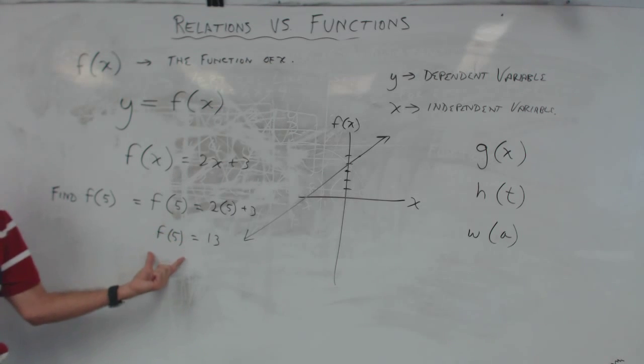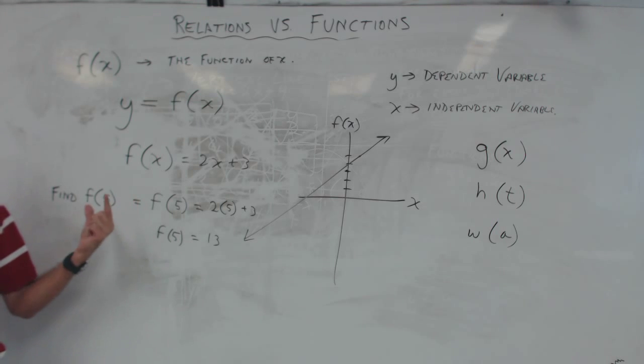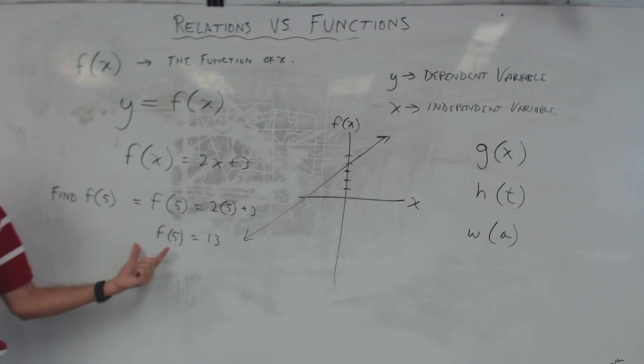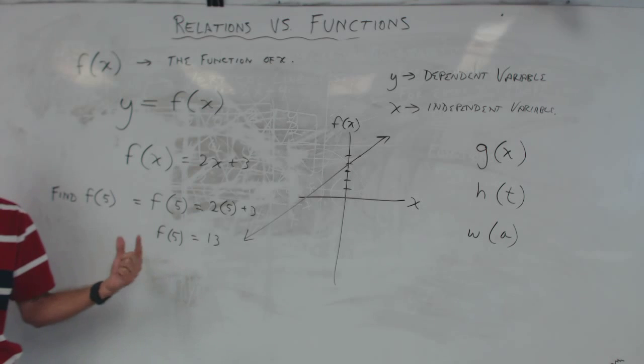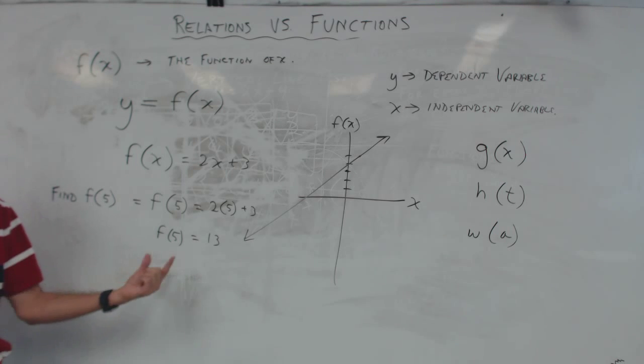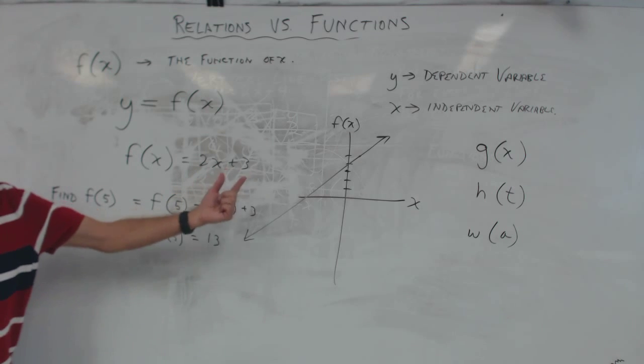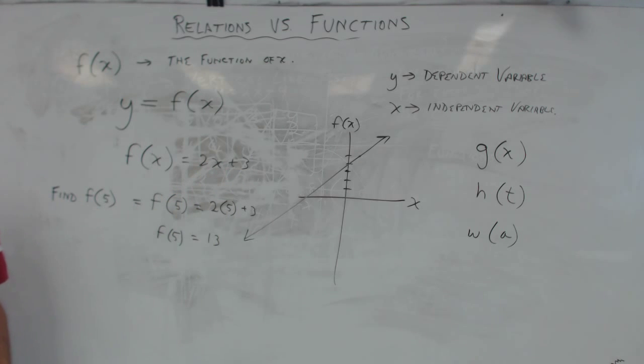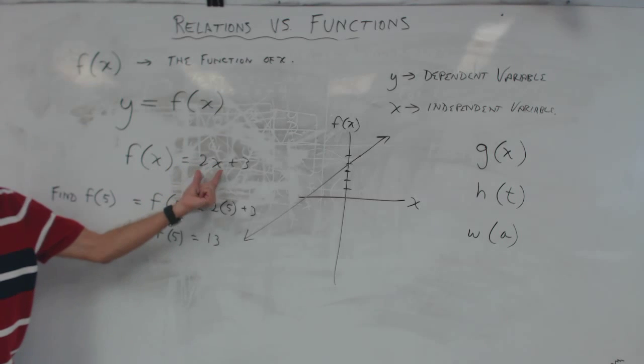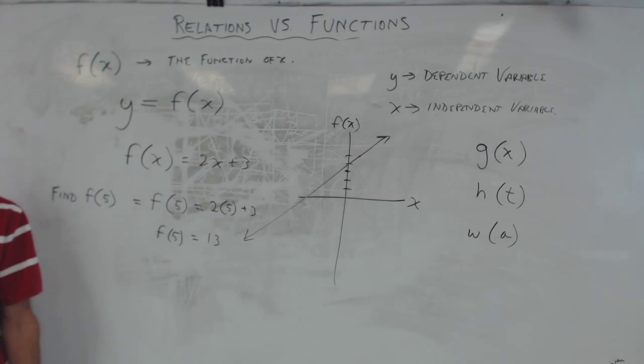I think most teachers prefer, if they give it to you in the f of x format, you give your final answer in f of x format. So f of 5 is equal to 13. F of 4 was 8 plus 3, 11, right? F of 0 would be 3, right? Make sense? Okay, so that's it.